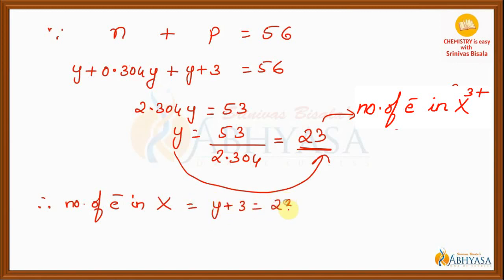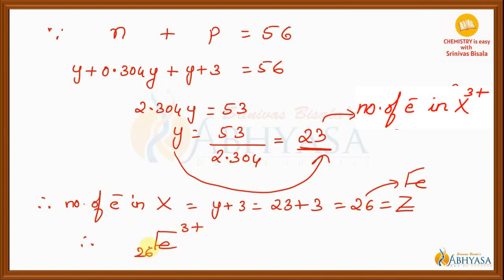So this is 23 plus 3. This is 26, which is our atomic number. And what is the element with atomic number 26? This is iron, isn't it? So the symbol of the element becomes Fe with plus 3 charge, atomic number 26 and mass number 56.